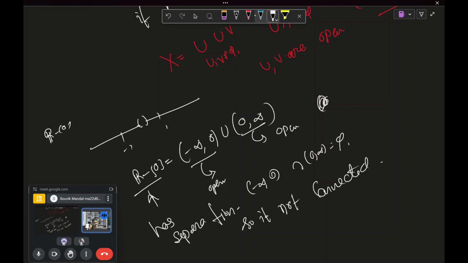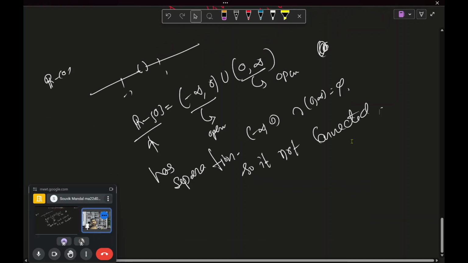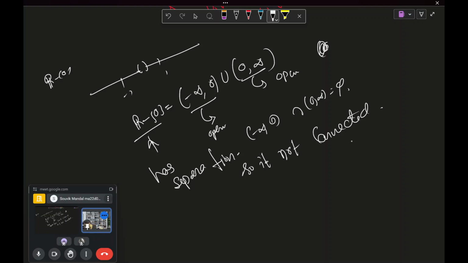So let me repeat that one. So we have R minus 0. Look, R minus 0 is minus infinity comma 0 union 0 comma infinity, both open. This R minus 0 has a separation. It means we need to show we can write R minus 0 as the union of U and V satisfying those properties.